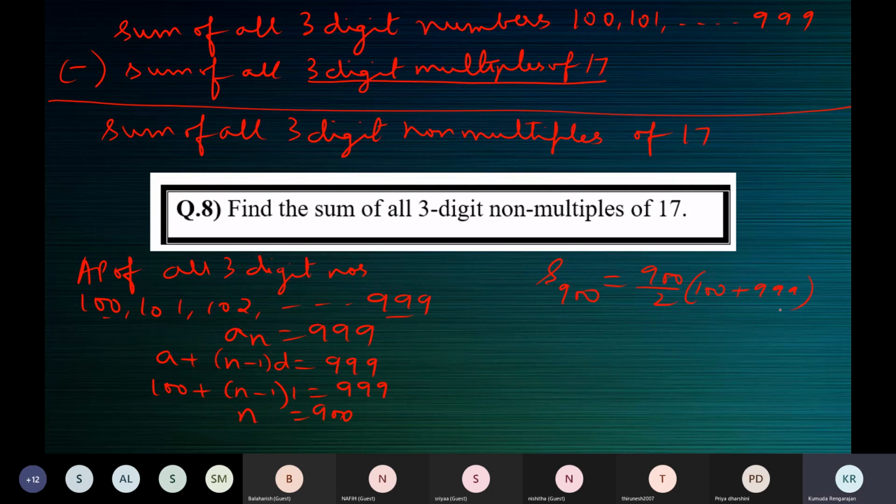You can also use the formula n by 2 of 2a plus n minus 1 into d. You will get the same thing.